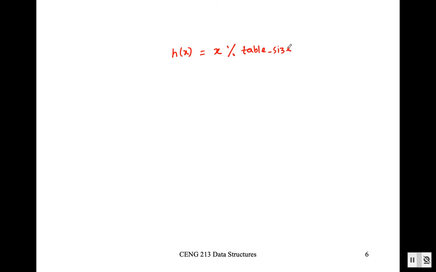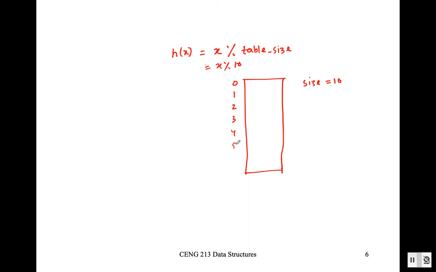Let's say we are going to have a hash table of fixed size, and here the size is 10. So the hash function will be x mod 10, and the indexes will be 0 1 2 3 4 5 6 7 8 9.